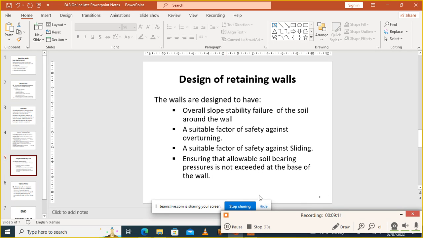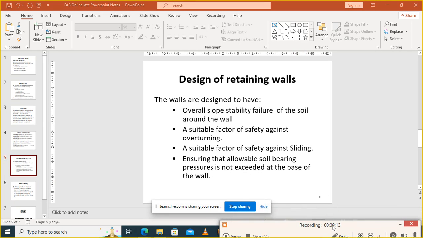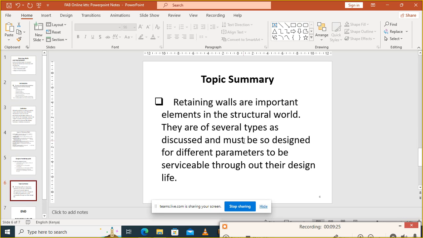And lastly, we must make sure that the soil bearing pressures are not exceeded at the base of the wall. Are we together? Any question up to there? Okay, no question, it means that everyone is understanding.